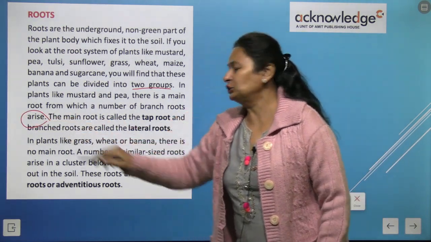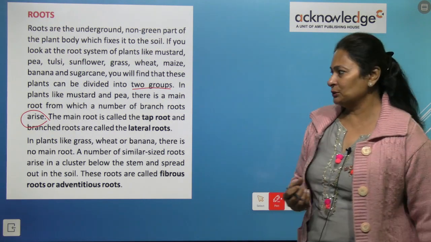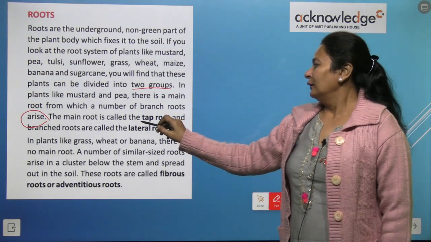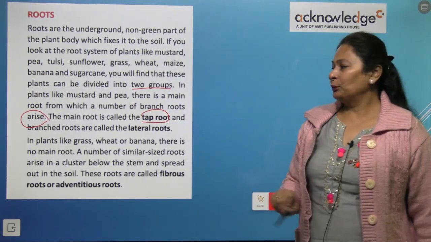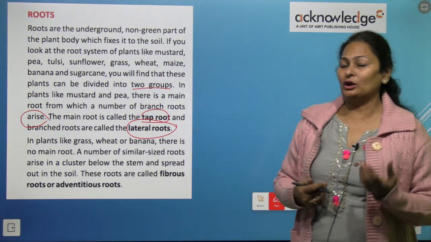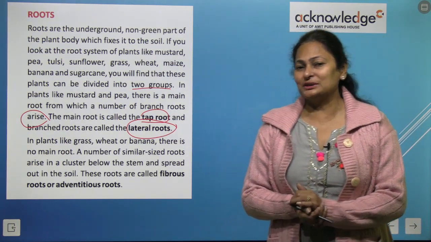You can see, I'll show you the picture of taproot also. This is called taproot, and the other name of taproot is lateral roots. Taproot is also known as lateral roots, right?